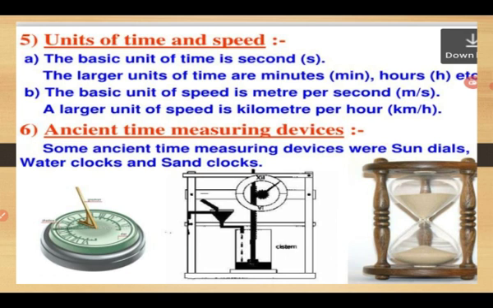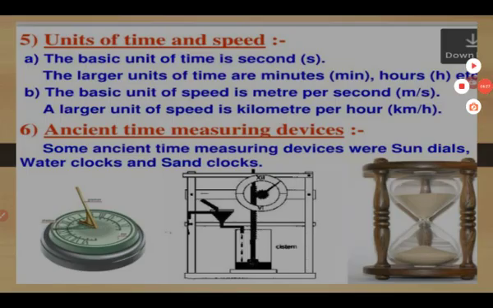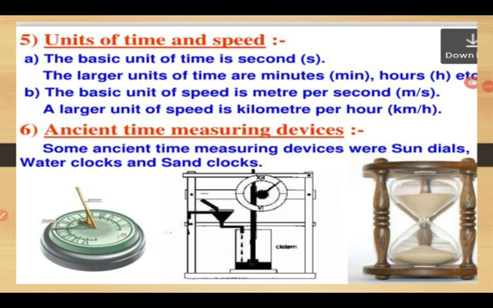For example, in ancient time people used the sundial, sand clock, and water clock to measure the time. And in modern time, we have various types of devices like the mechanical wristwatch, pendulum, and atomic watch also.